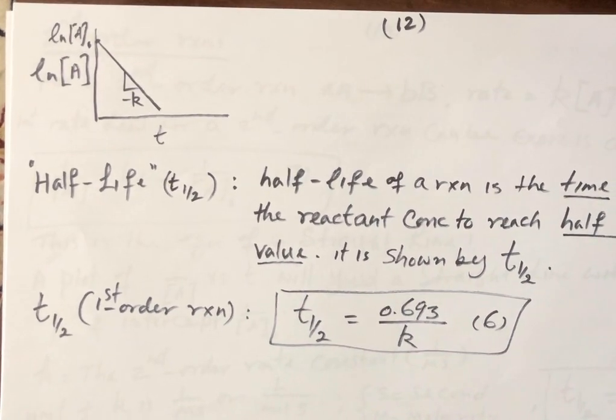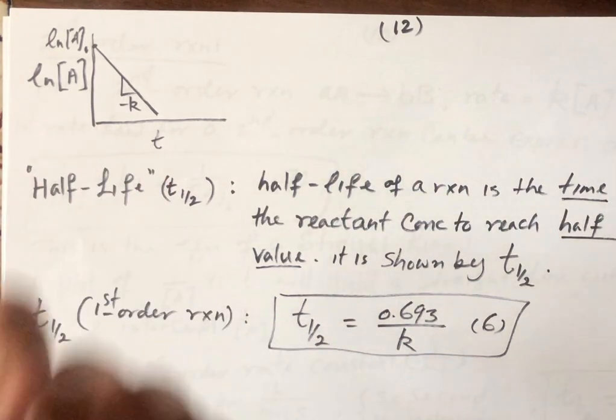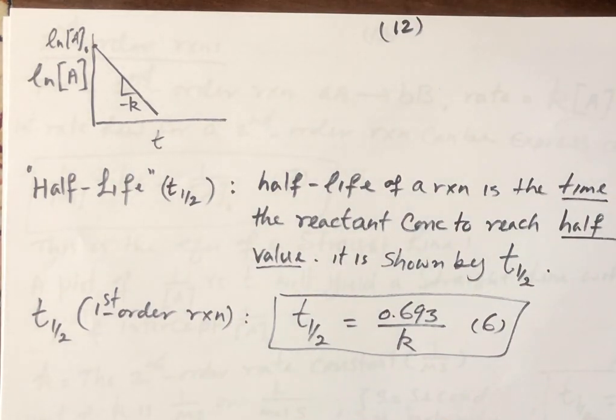Okay, now, so basically, again, I've described here that if you plot ln A versus t, the slope, which is rise over run, is going to be a negative slope, and it's negative k, negative of the rate constant, and the intercept is going to be natural log of A0.